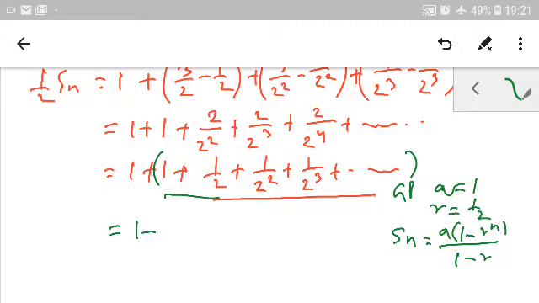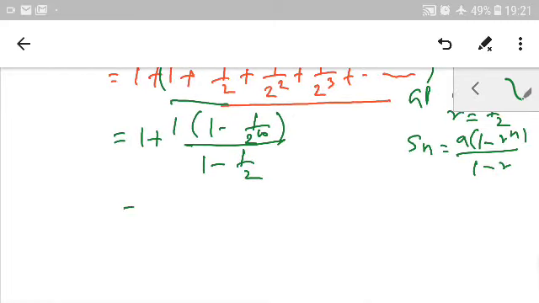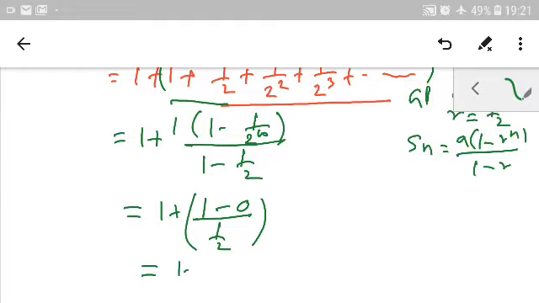So it will be 1 plus 1 into (1 minus 1 by 2 to the power n), n is our infinity here, divided by 1 minus 1 by 2. If it is so, then this will be 1 plus (1 minus 1 by 2 to the power infinity), which is a very large number, so I can write it as 0. And what will remain in the denominator is 2. So this is equal to 1 plus 2, which is 3.